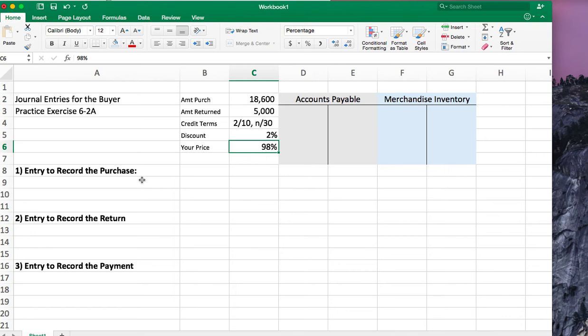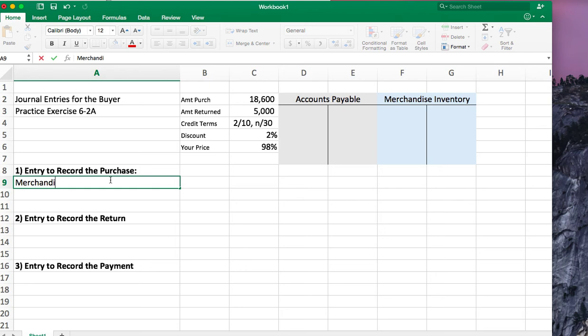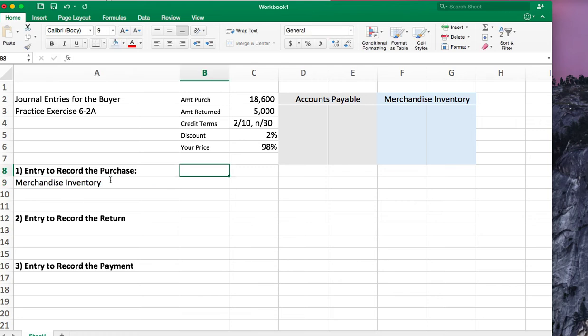You know from the first few chapters in accounting, whenever you purchase an asset, you debit the asset and you'll credit accounts payable if you purchase that asset on account. And that's exactly what's happening here. You're actually purchasing merchandise inventory. So that's your debit. Now, to figure out the amount of this journal entry, you'll key this in your calculator, 18,600 times 0.98, because we're not going to pay 100% because of that 2% discount.